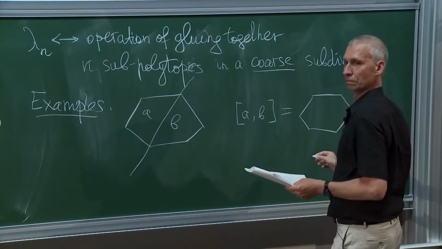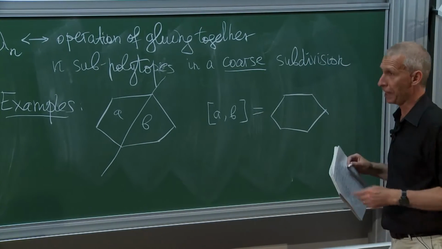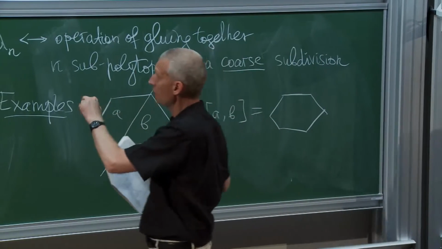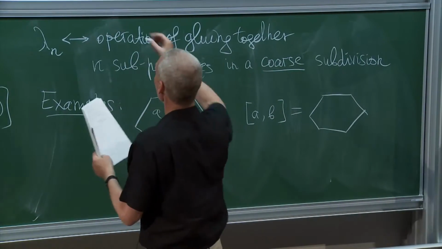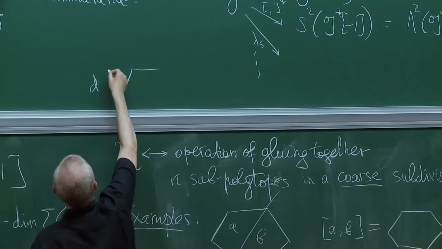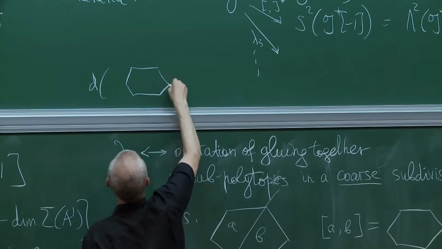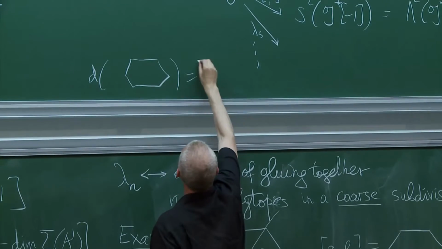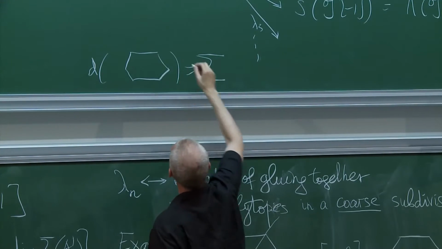Do you have lambda 1 as well? Lambda 1 is the differential. So a priori, in this setting, we would have it. It would correspond to a subdivision which is the differential of this. It would be a sum over inserting all the internal points.